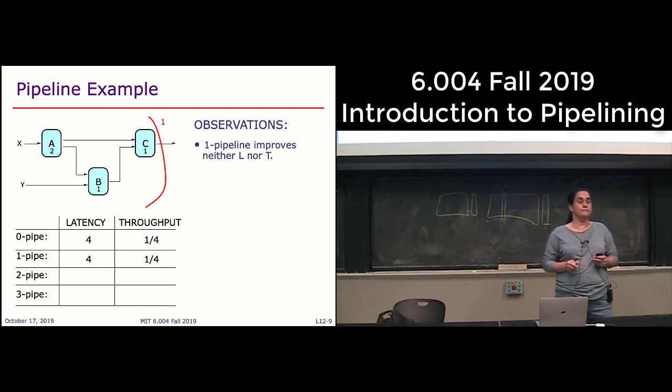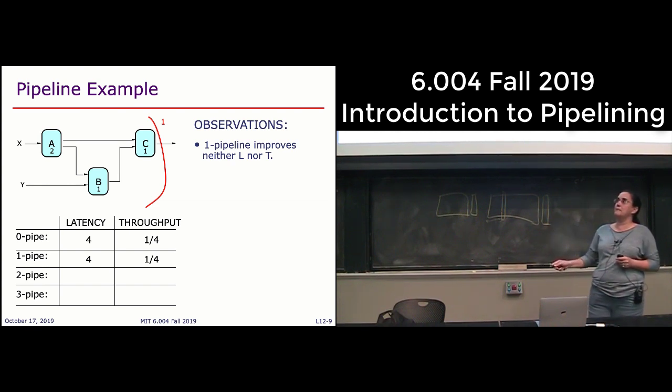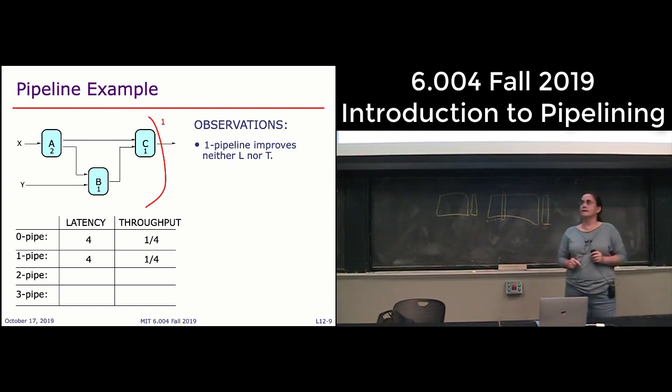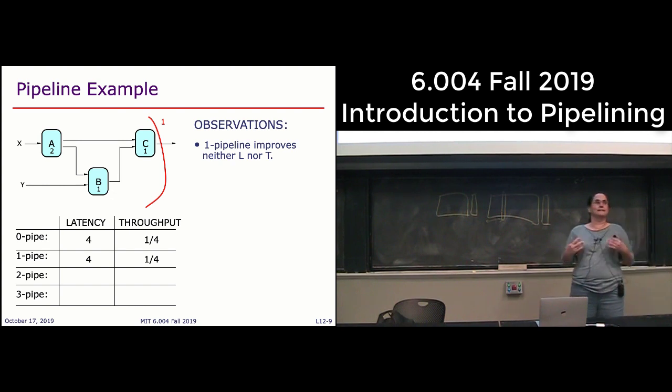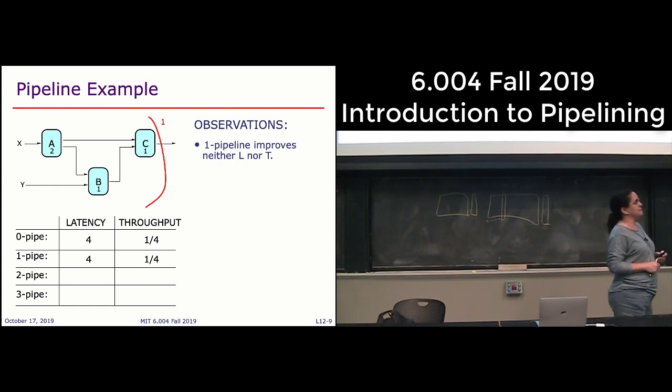It's still 4, right? Because I have to go through A, B, and C within one cycle. And the throughput of this is going to be 1/4. Now it's a little bit more explicit because we actually have registers that hold your values and make sure that they don't get corrupted while the next set of inputs is being evaluated.